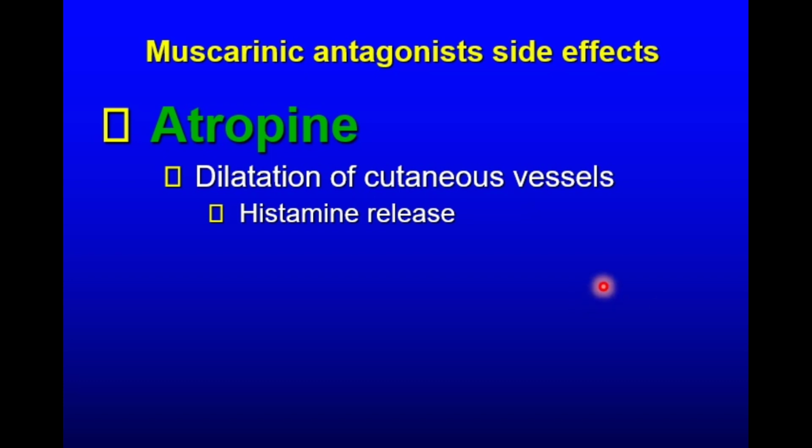Atropine has two other activities that cannot be explained in terms of blockade of parasympathetic activity. It causes histamine release, which results in dilatation of cutaneous vessels.